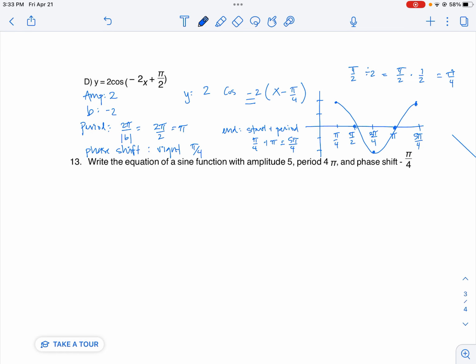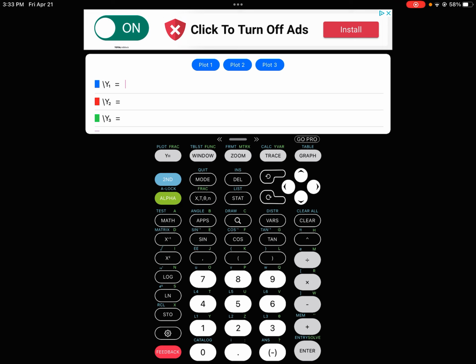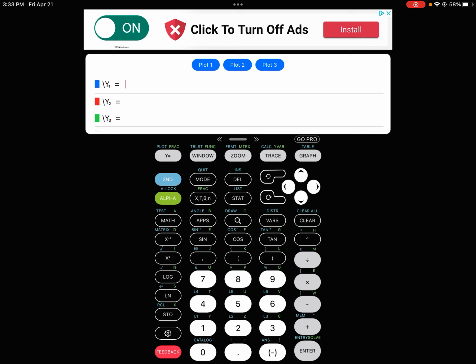Well, let's take a look on our calculator and see if we can get a picture of this. So y equals, I think I need this to be in radian mode. And now I can get back to y equals, that would be 2 cosine.